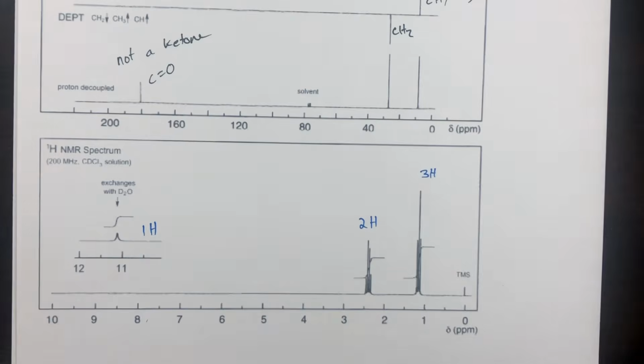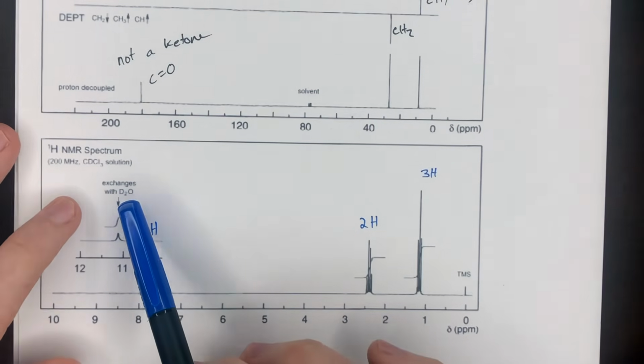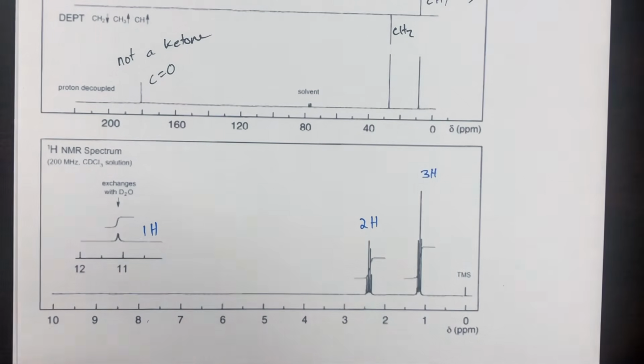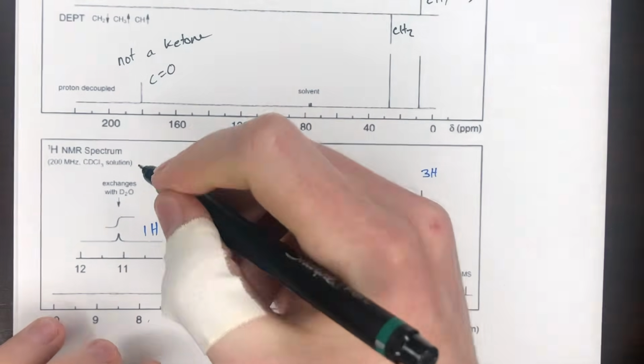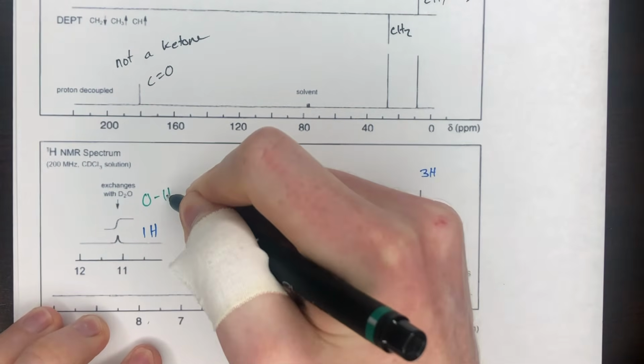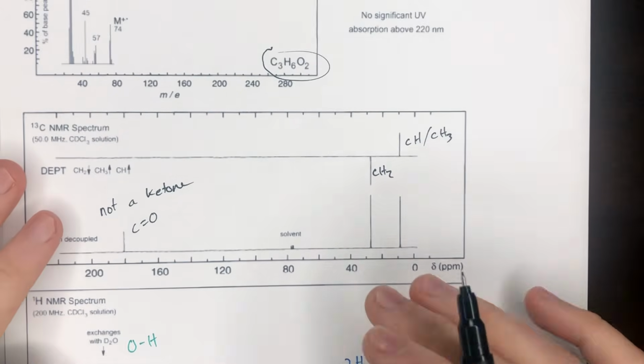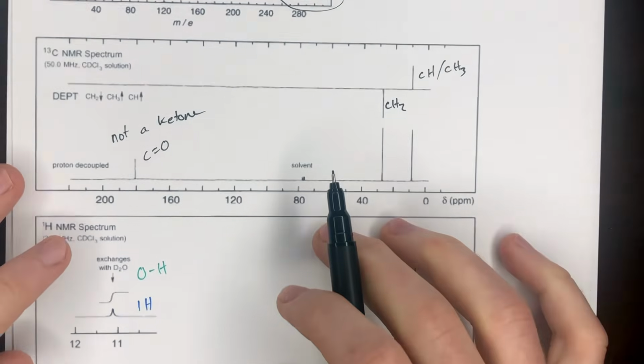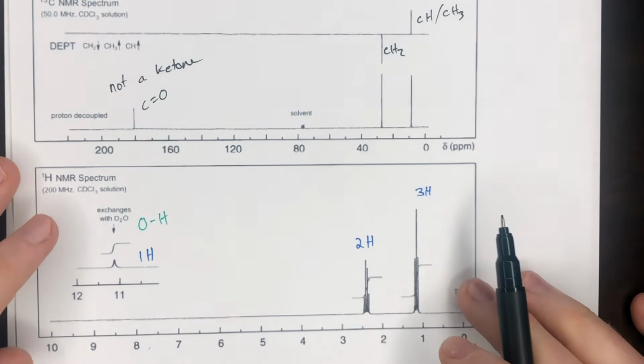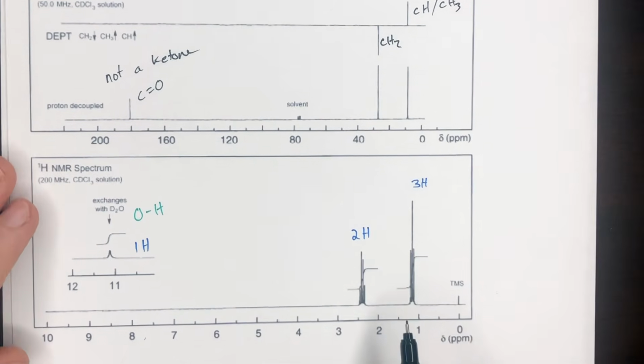So anyway, coming back to what this is telling us, since this is exchangeable, that tells us that it's an OH or an NH. It's a hydrogen bound to an oxygen or nitrogen or a sulfur or something like that. But based on what we see in our chemical formula, we only have oxygens. So this must be bound to an oxygen to be exchangeable, this OH.